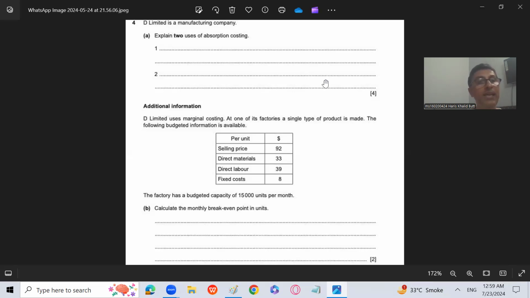So let's see. D Limited is a manufacturing company. Explain two uses of absorption costing. So it's quite easy. Let me write it for you. One is that it is used to find the selling price.